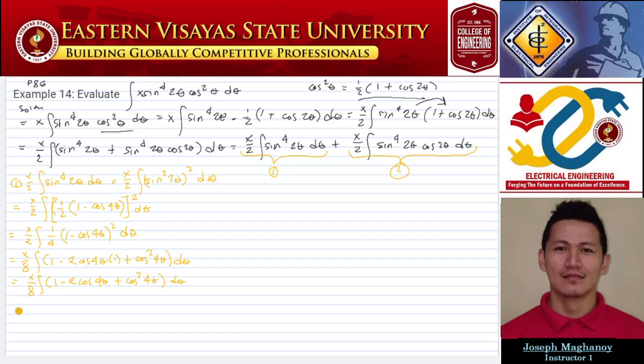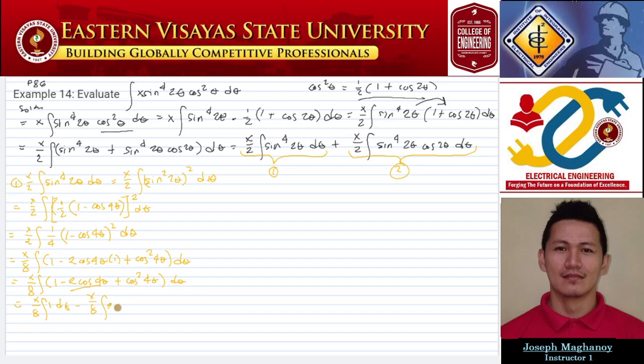Okay, so we apply property number 1. So we distribute x over 8 and the d theta inside the quantity. x over 8 integral of 1 d theta minus x over 8 integral of, you cannot remove the 2 from cosine because they are together.